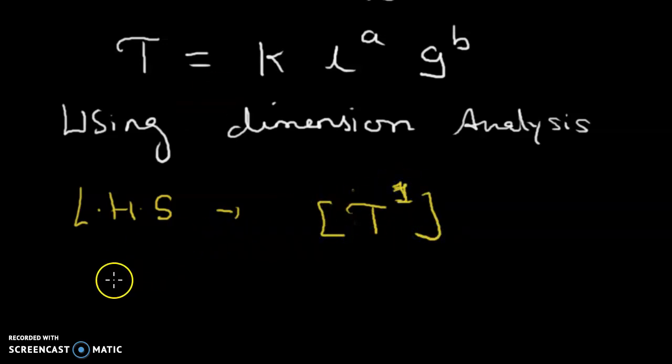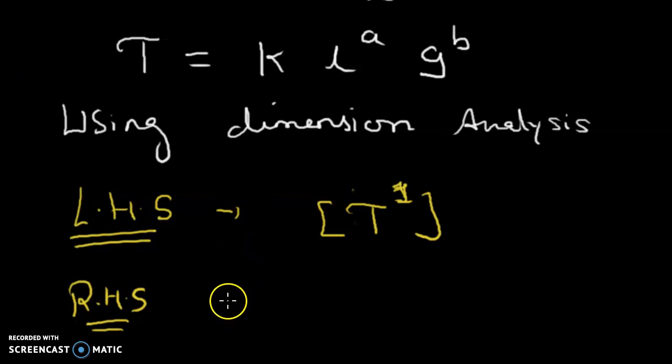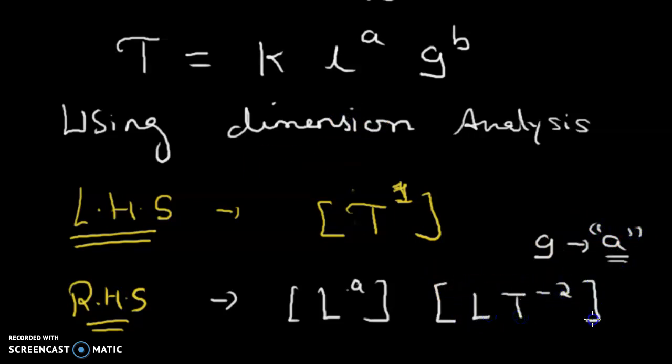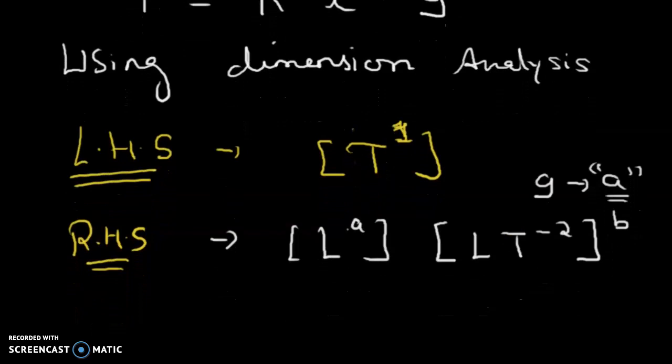Okay, now come to the right hand side. The dimension of k would be nothing, it's a constant. For length it would be L to the power a, and g is acceleration due to gravity, that means meter per second square, L T to the power minus 2, raised to the power b.